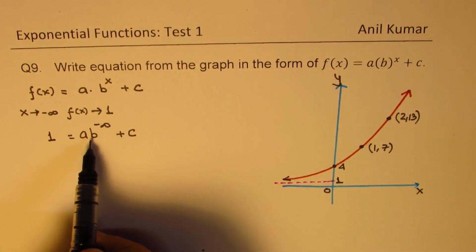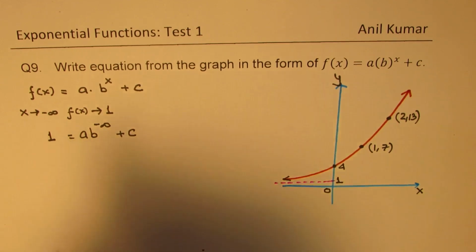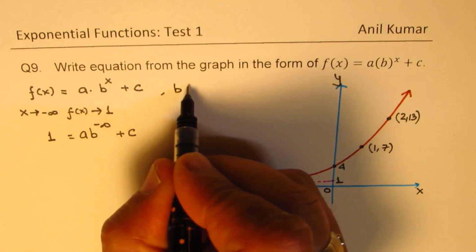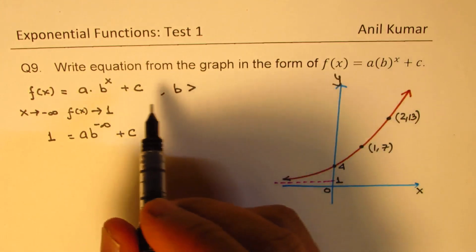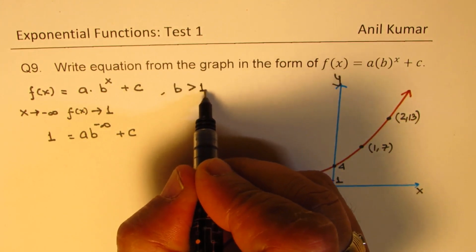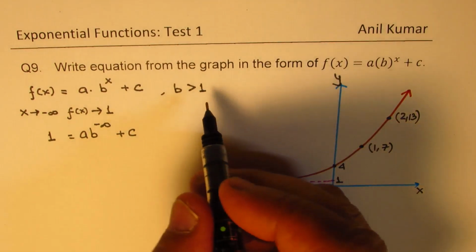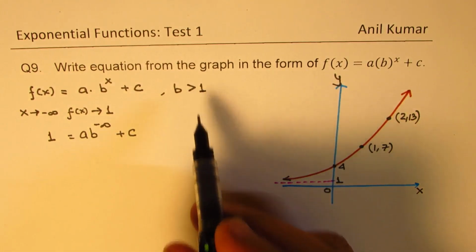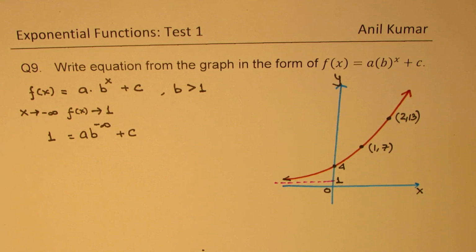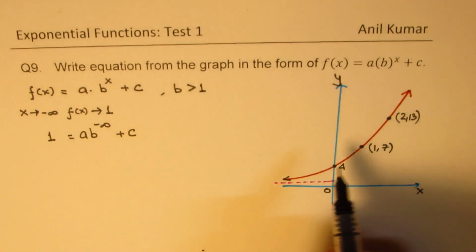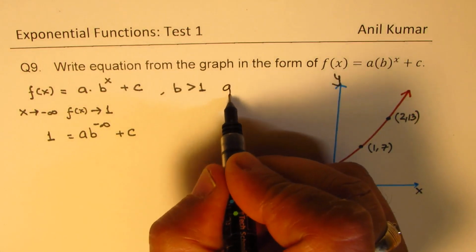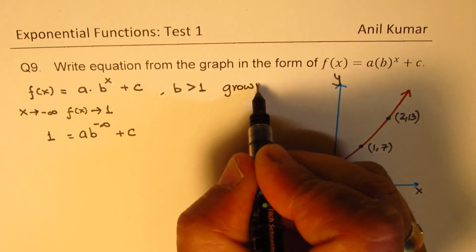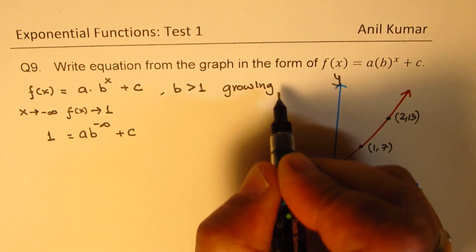So anything to the power of negative infinity, we know b has to be greater than, well, we'll assume b to be greater than 1, okay? So we are assuming b greater than 1. Well, b could also be within 0 to 1, since it is a growing function, right? Growth.